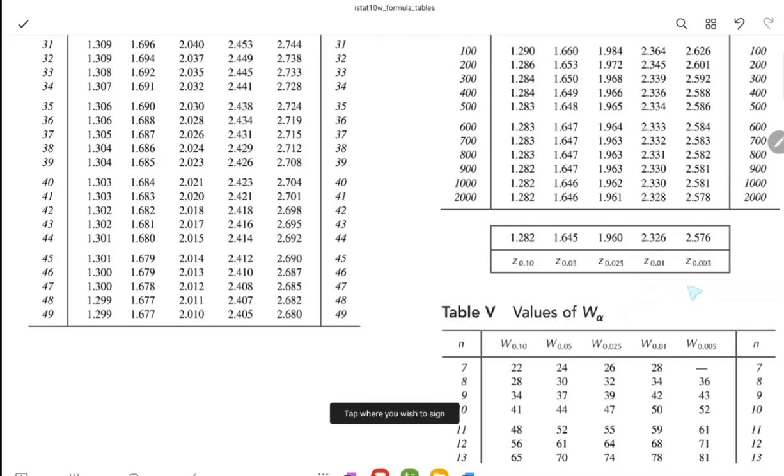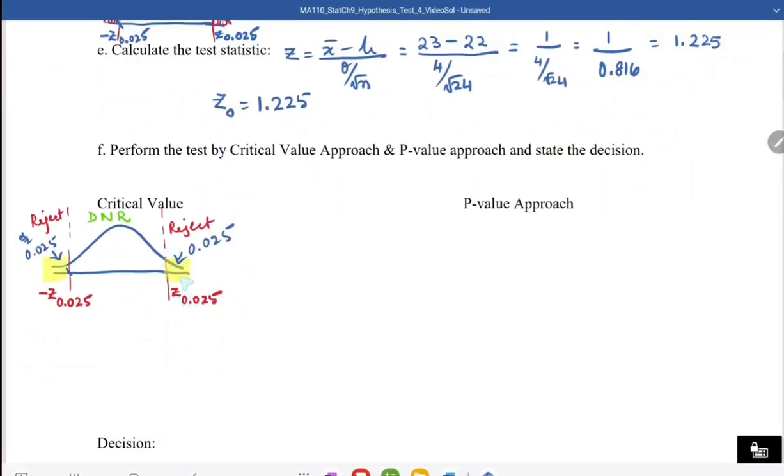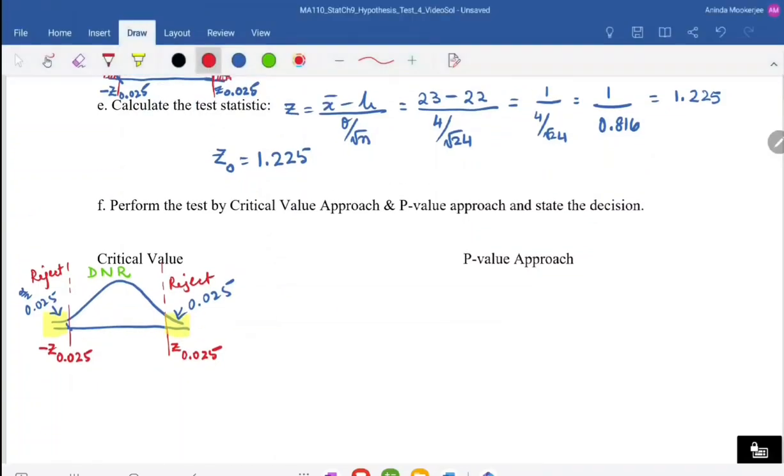So we use the short table for the special z values, and z of 0.025 is 1.960. So that's going to be the value on the right hand side cutoff, and on the left hand side it's going to be the same value with a negative sign, so negative 1.960, right?